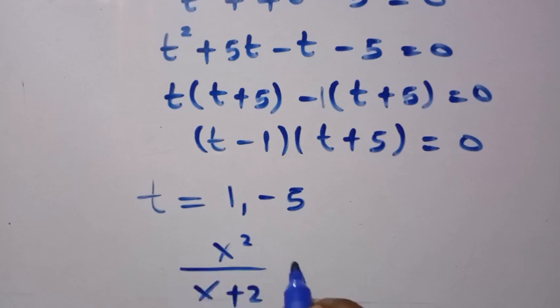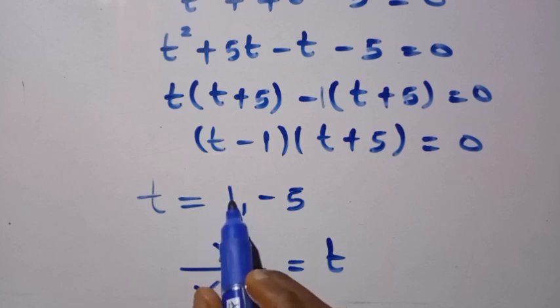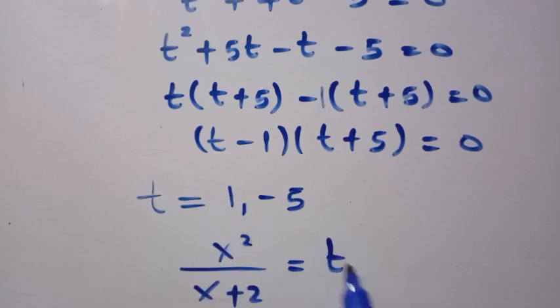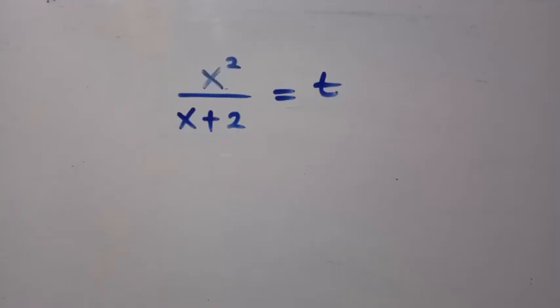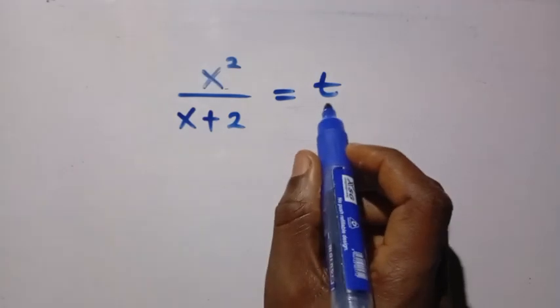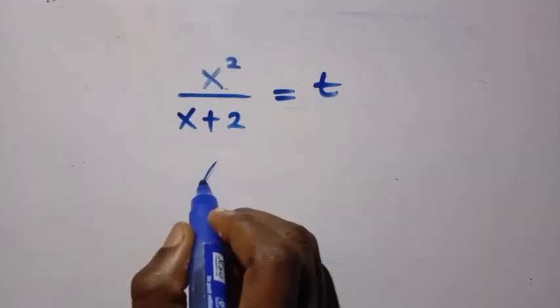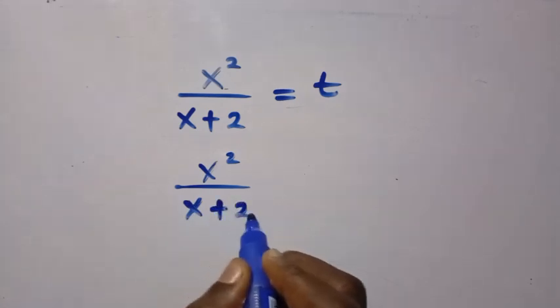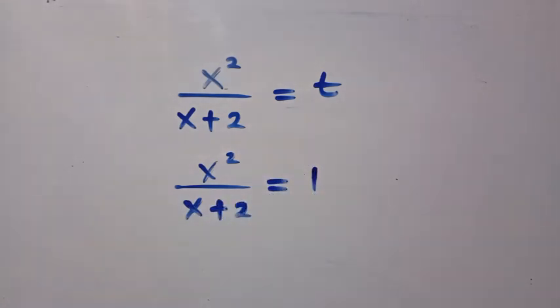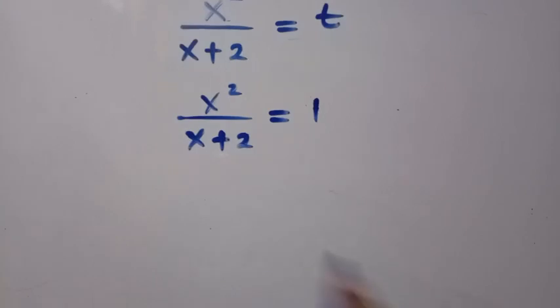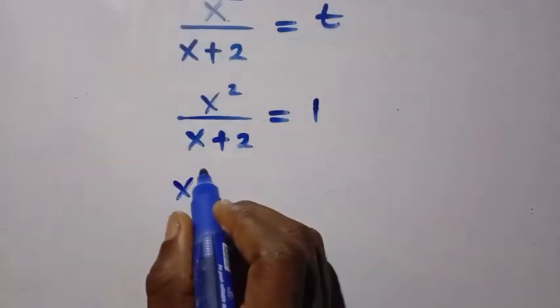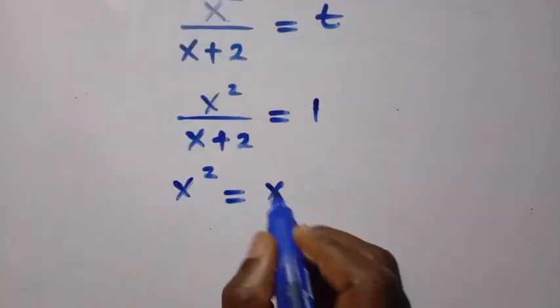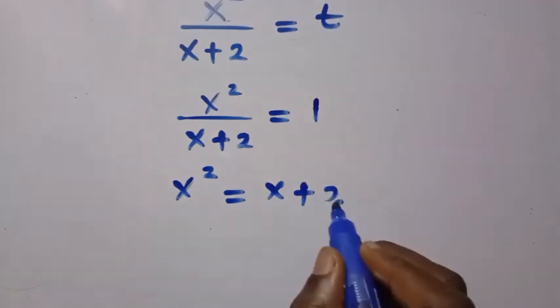And recall where we let x squared divided by x plus 2 equal t. So we go for the first one at t equals 1. We replace t with 1 and solve for the value of x. Here at t equals 1, we have x squared over x plus 2 equals 1, and by cross multiplying, we have x squared equals x plus 2.